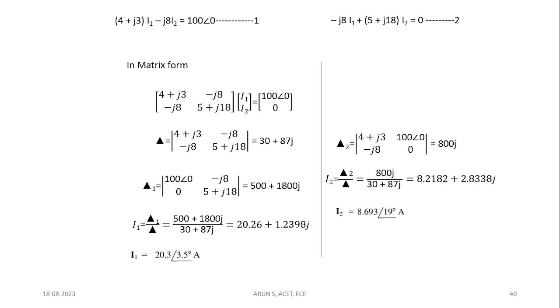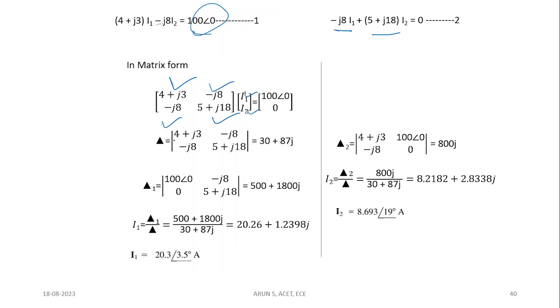I need to represent it in matrix form: 4 plus J3, minus J8, multiplied by I1 and I2; and the second equation, minus J8, 5 plus J18, multiplied by I1 and I2, equal to the right hand side values 100 angle 0 and 0.